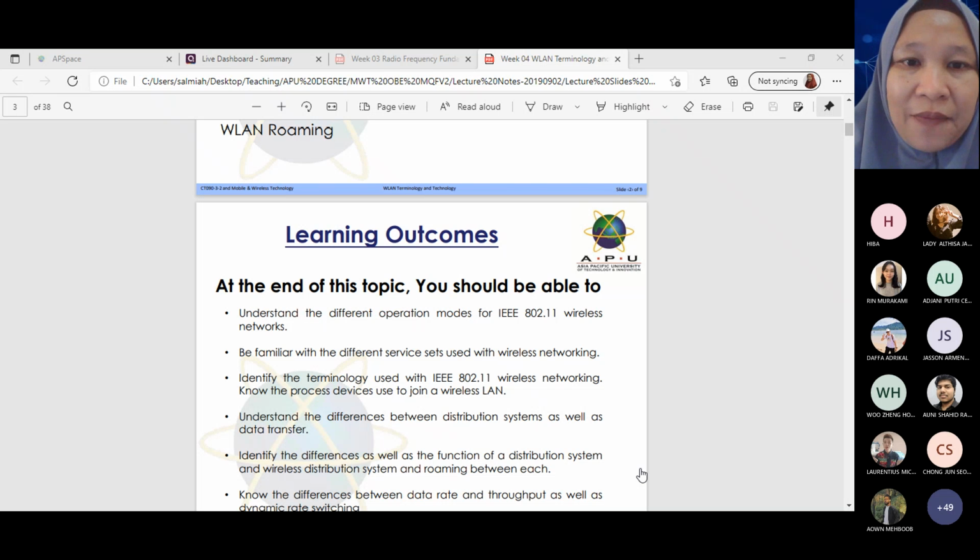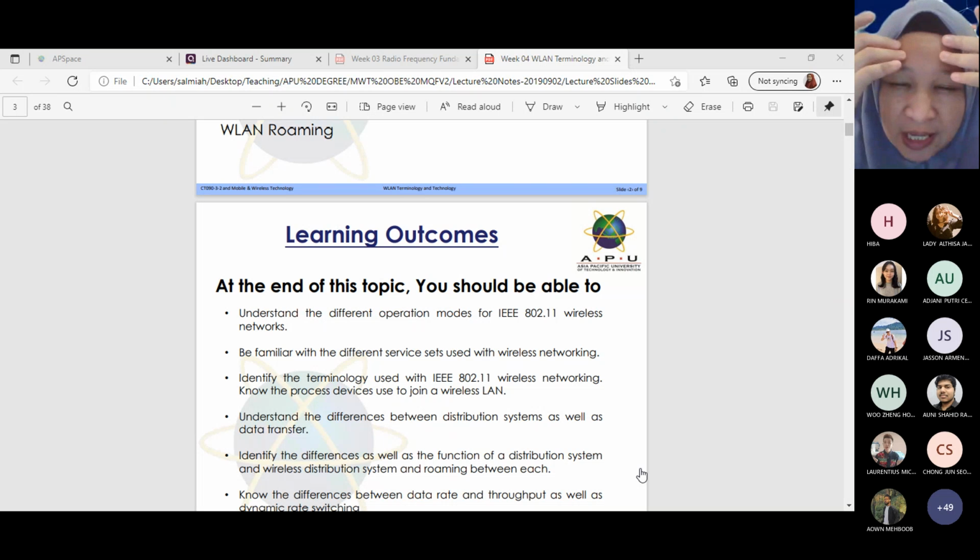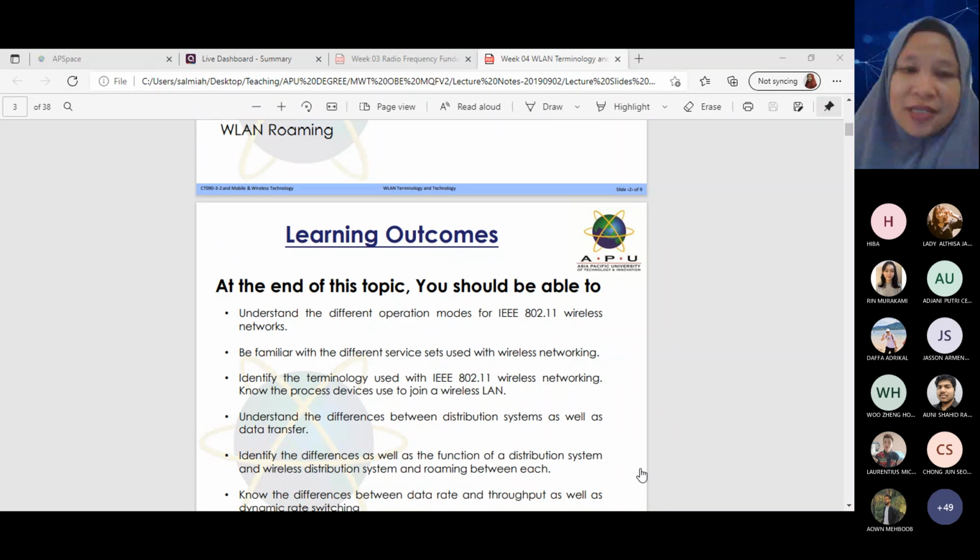The third chapter, radio frequency fundamentals. The fourth chapter, this one, is wireless LAN terminology and technology. And the last chapter, which we're going to do next week, is related to wireless LAN security.